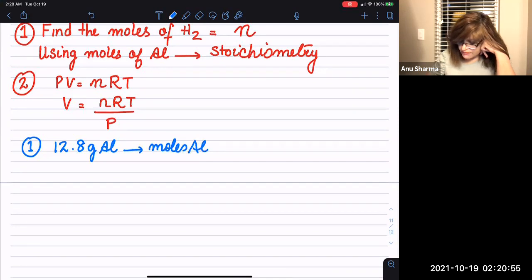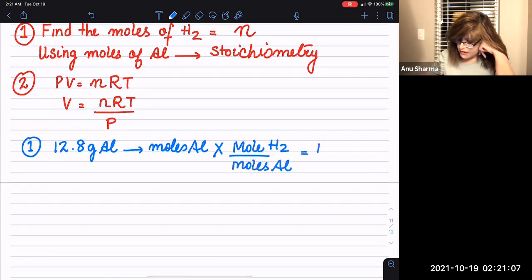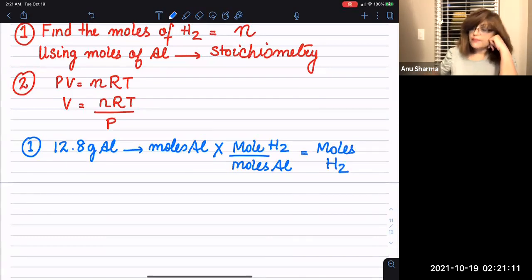Then times the mole to mole ratio, the moles of hydrogen over the moles of aluminum. So that's going to give you the moles of hydrogen.